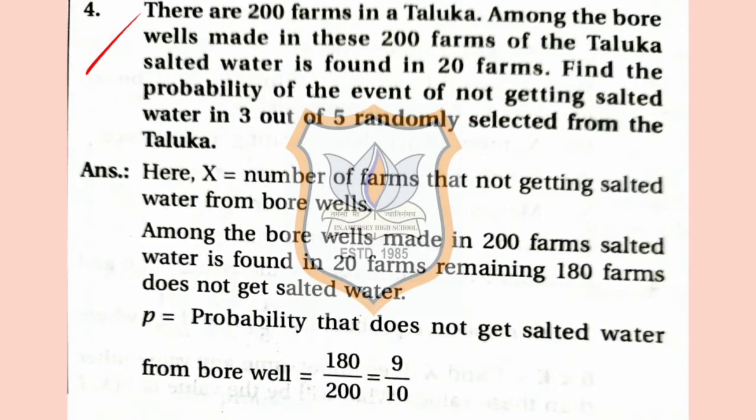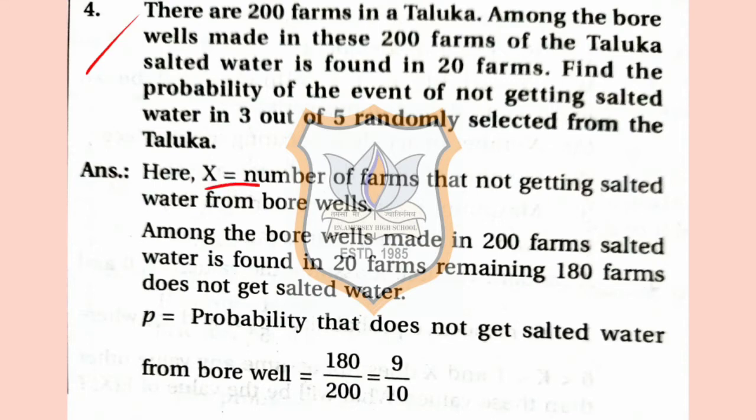Let's solve question number 4 of exercise 2.2. There are 200 farms in a taluka. Among the bore wells that are made in these 200 farms of the taluka, salted water is found in 20 farms. Find the probability of the event of not getting salted water in 3 out of 5 farms randomly selected from the taluka.